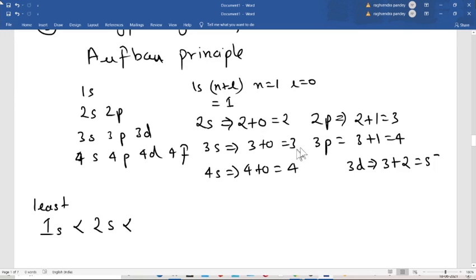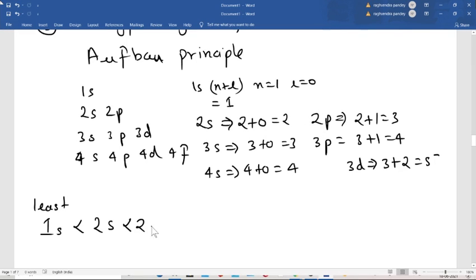When we have two same values, whichever has the lower value of n has the lower energy. Here n is 3 for 3s and 2 for 2p.